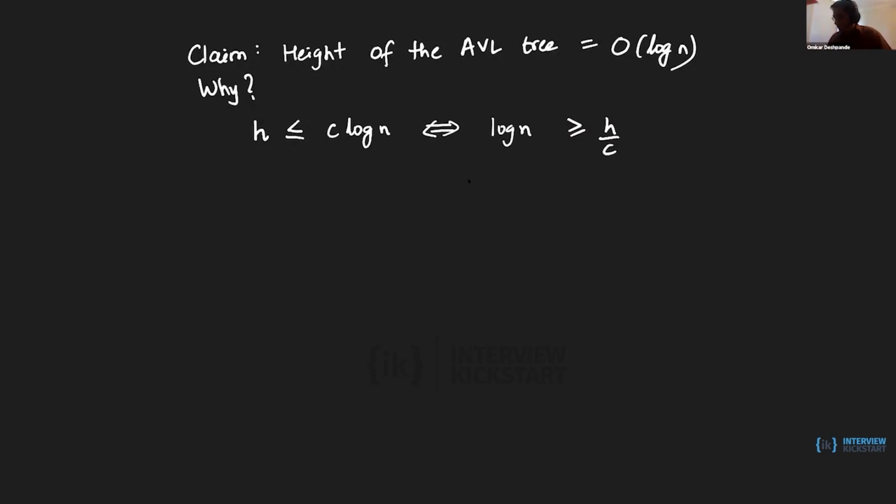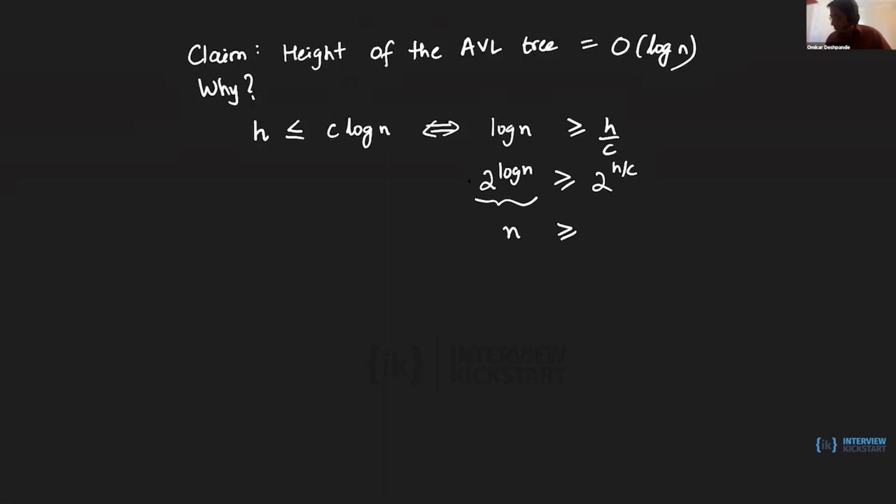Now if we raise both the left and right sides to the power of 2, 2 to the power log n is greater than or equal to 2 to the power h by c. Since our logarithms are all base 2 in discrete math, this is n.